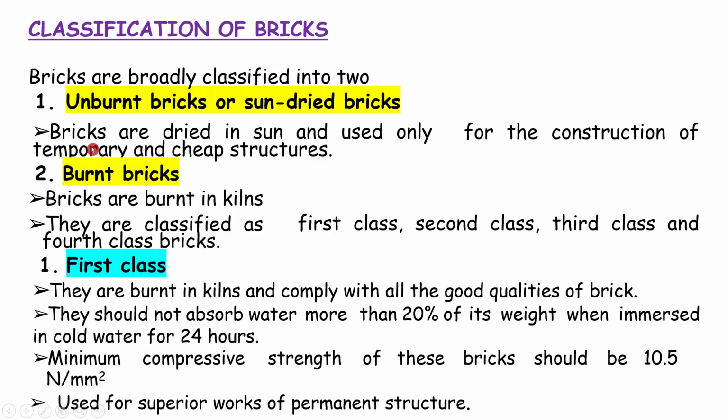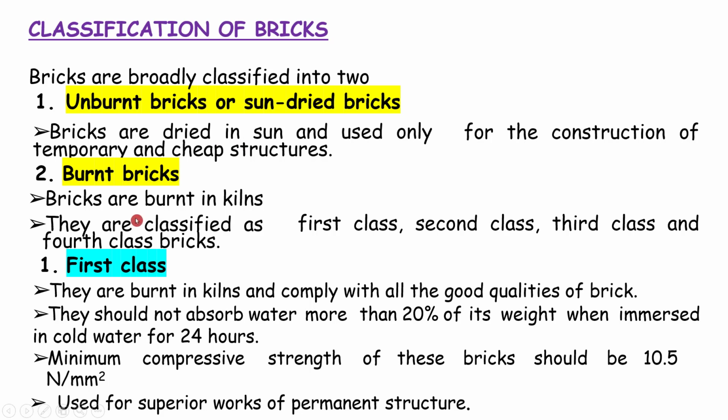The unburnt bricks, that means the bricks are dried in sun and used only for the construction of temporary and cheap structures. For these types of bricks, after molding into the specific shape, they are not heated in a kiln. They are just kept in the sunlight and used. So these won't have enough strength and durability.